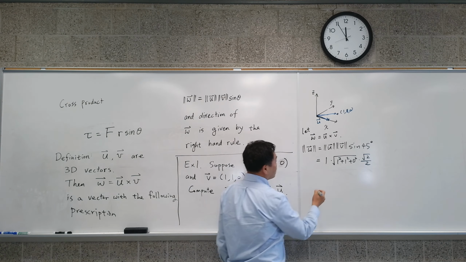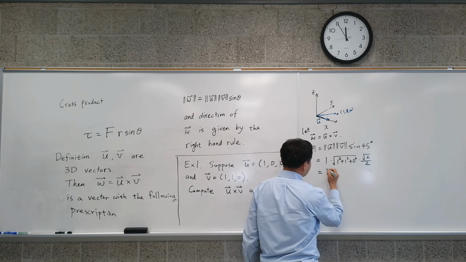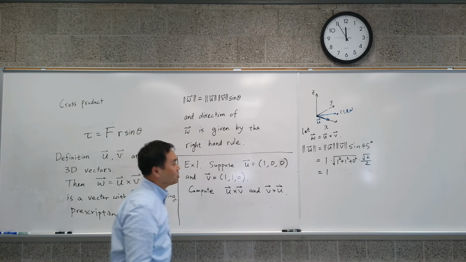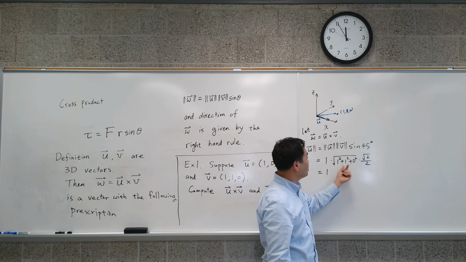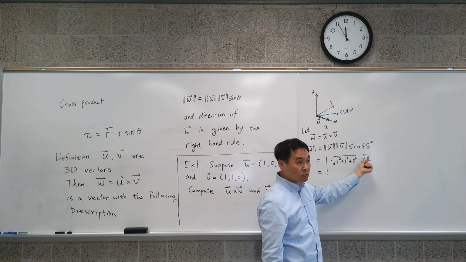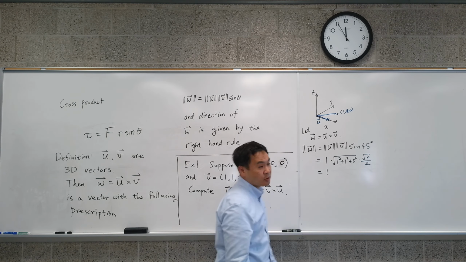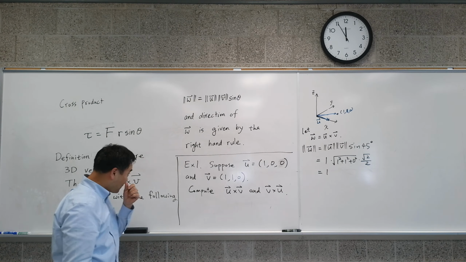And that gives you, oh, it's just 1. So it's a unit vector. That's because the norm of v is square root of 2, and square root of 2 times square root of 2 over 2 is 2 over 2, which is 1.